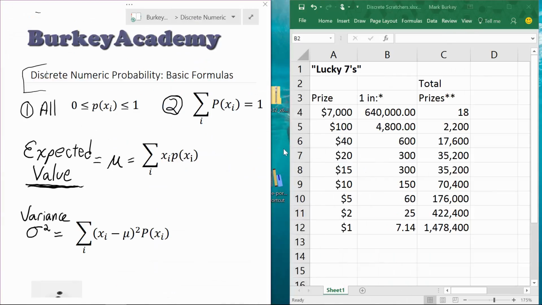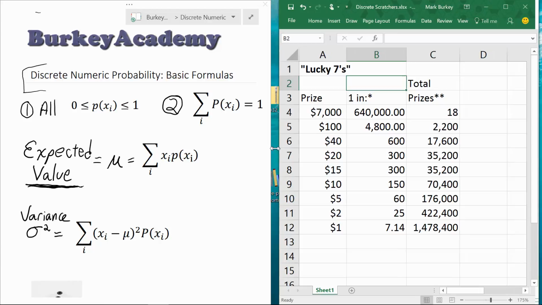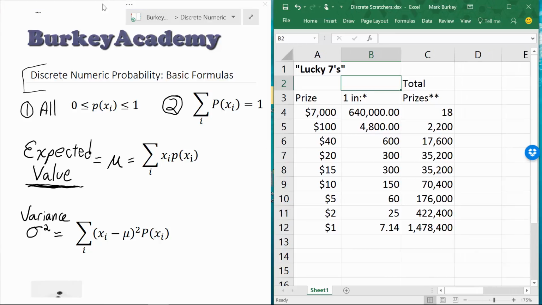So here we have a little Excel worksheet where I have entered in that same information, and here are our probability formulas on the left. The first thing I want to do here is to check these two rules in terms of the probabilities. Now, they don't tell you actual probabilities here. Instead, they tell you the odds.